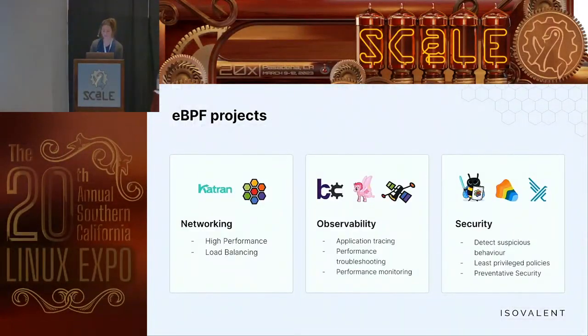I can go back. Yeah, thanks. This one. He was asking what the names of those projects are. The names of the projects. Okay, so it's Cilium, BCC, bpftrace, Hubble, Tetragon, Tracee, Falco.